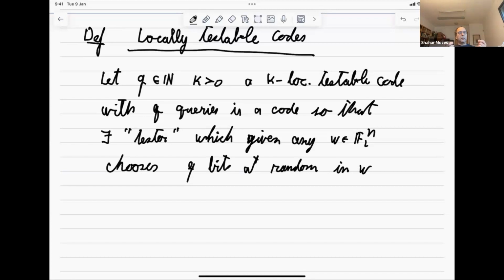So the tester looks at the word, chooses Q places at random according to some distribution. I'm not saying it's choosing every bit uniformly, just some Q-tuple of places, and then decides whether to accept or reject.